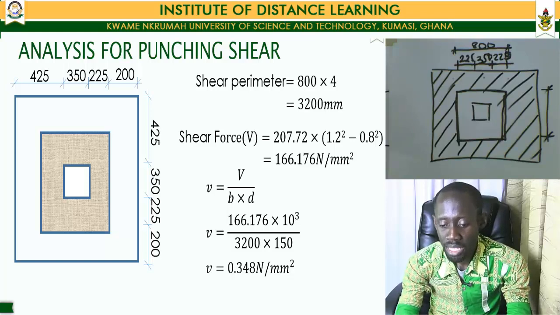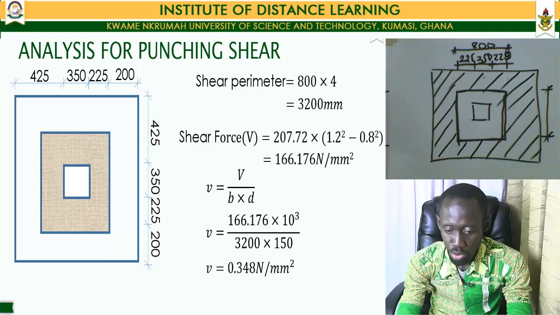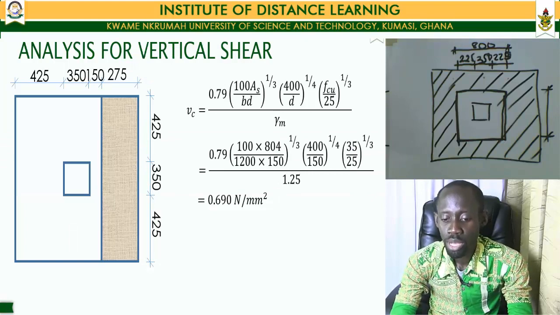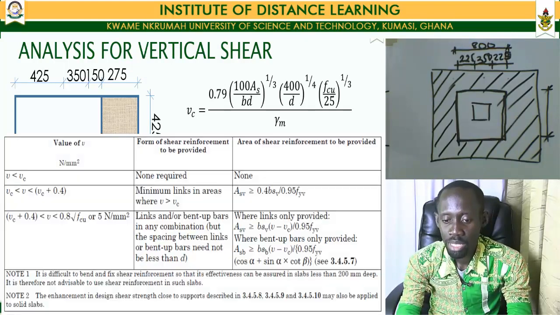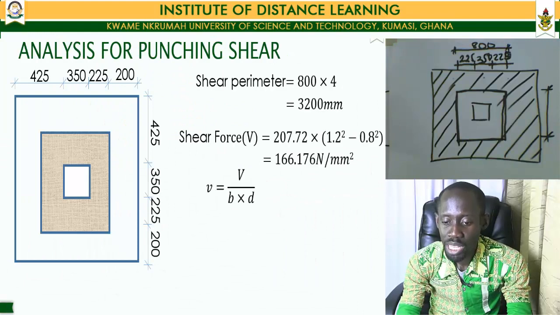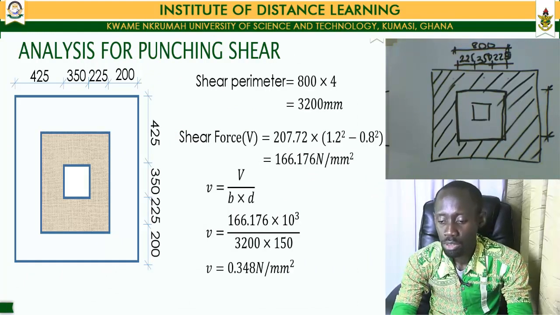Then again, we'll compare this value also to our shear capacity, which we realized from the previous screen as being equal to 0.690 newtons per millimeter squared. So we have our puncturing shear value being less than our shear capacity.